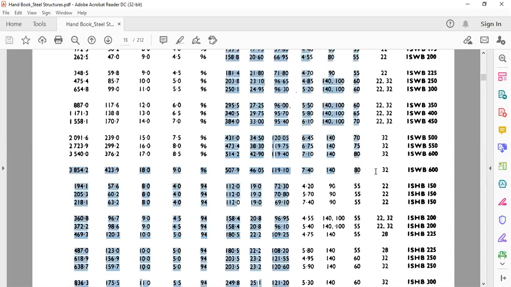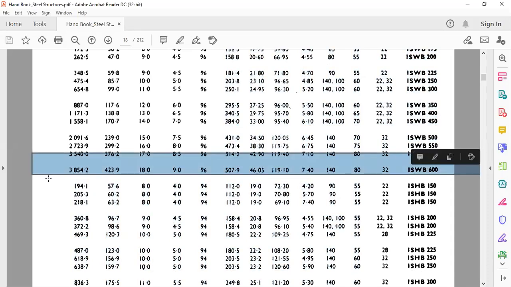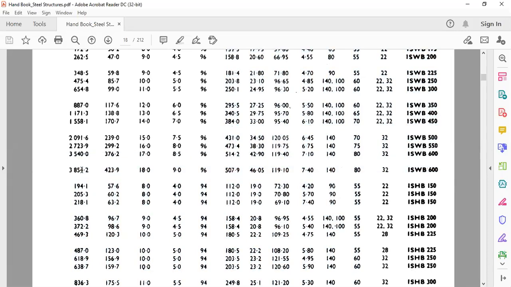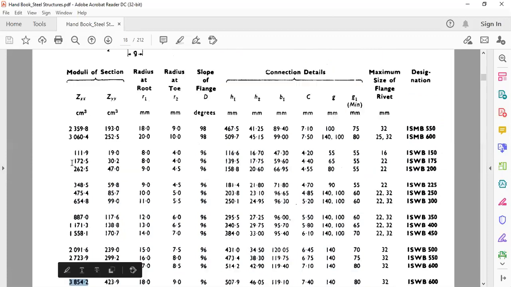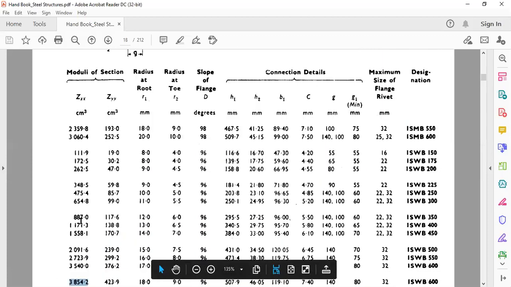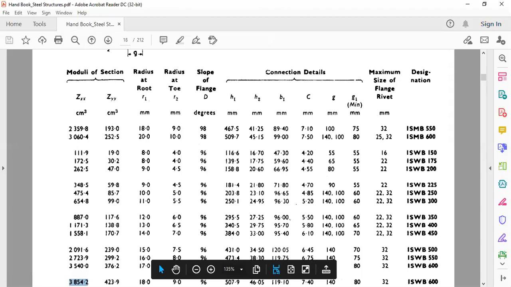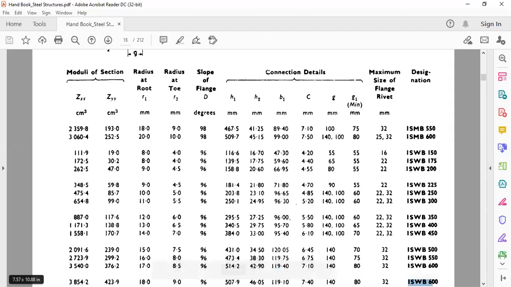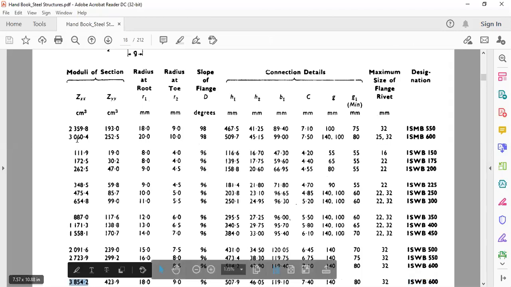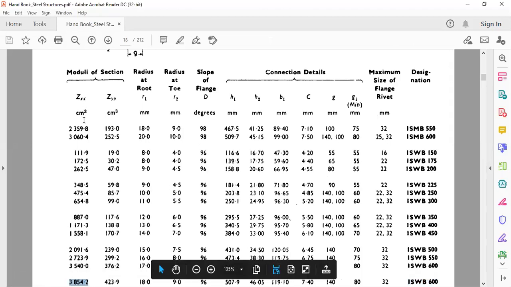Here only one section is available, that is ISWB 600, with 3854.2. So the ISWB 600 has the Z value of 3854.2 into 10 to the power 3 mm cube. So that section may be suitable for our requirement.